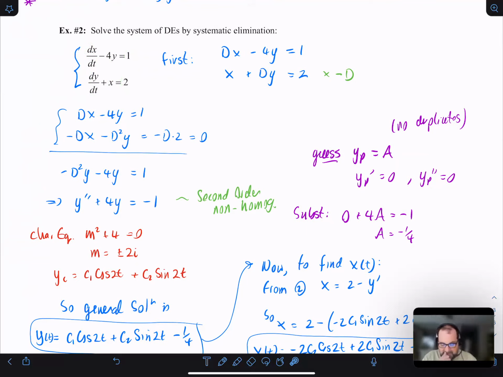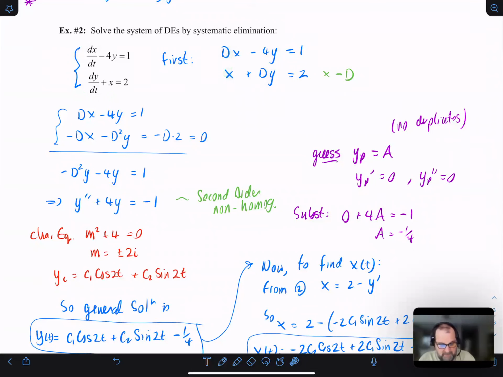But my first process is that I am not going to worry about dx/dt. We're just going to write D instead. I'm going to first rewrite both of these equations using the derivative operator D. So the first one is Dx minus 4y, no derivative there, equals 1 on the other side. The second one, I am going to use my derivative operator, but also organize them. So I'm going to move the x in front so that my x's line up first.